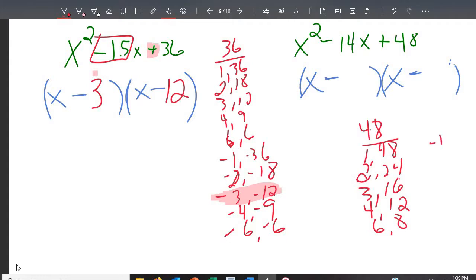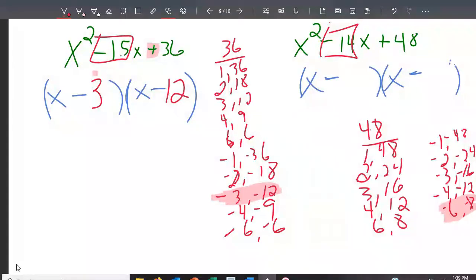Then we list them all as negatives. Now, I'm looking for -14. These two numbers give me -14. So we're going to have a -6 in one and a -8 in the other.